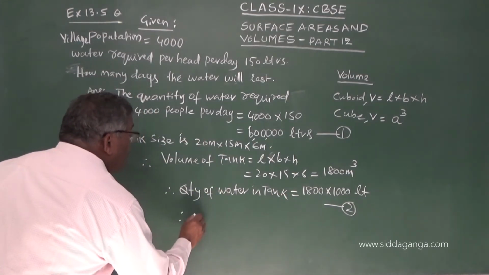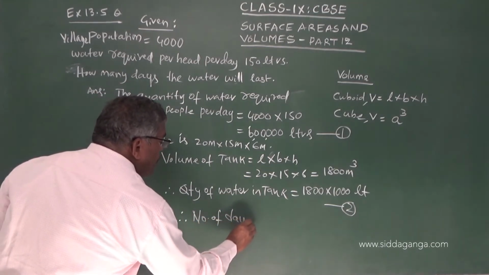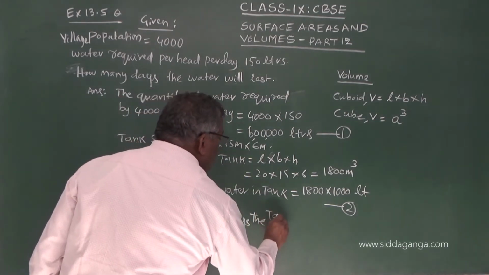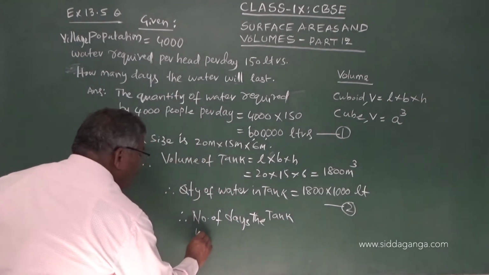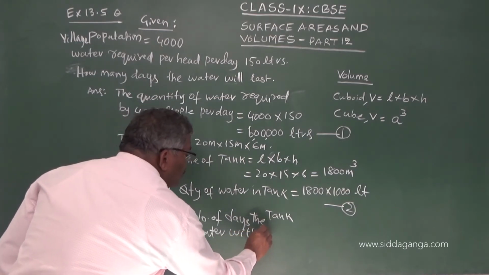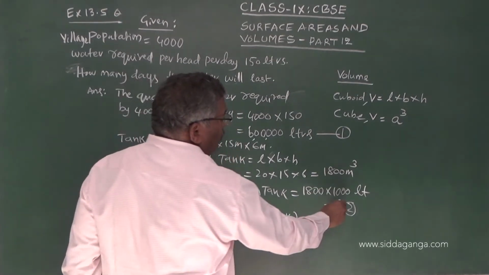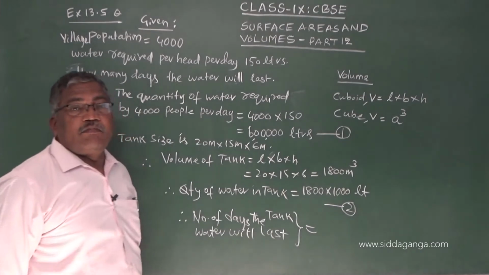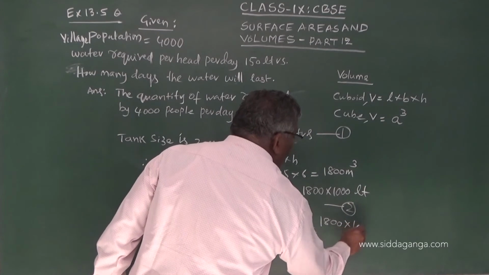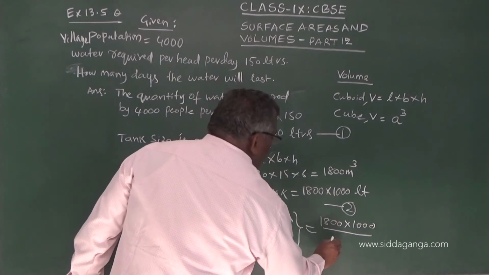Therefore, number of days the tank water will last equals 1800 into 1000 divided by 6 lakh.